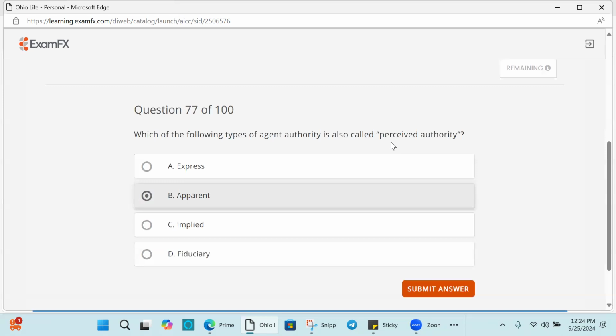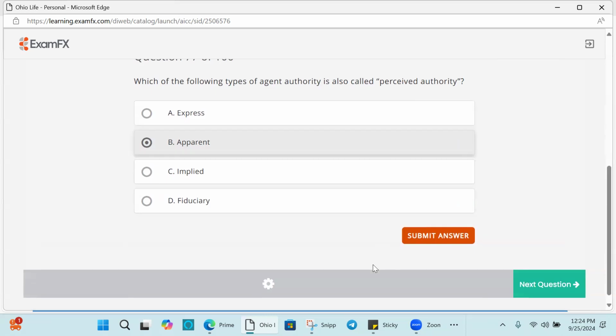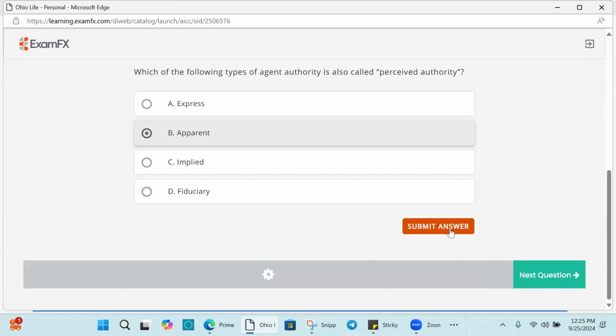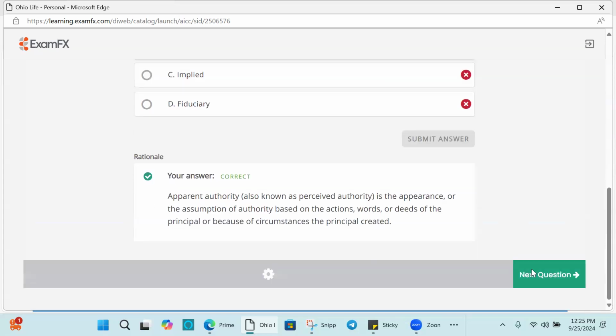Apparent authority is authority that the client thinks I have because of actions that I take. Implied is authority that I need to have to do business, but it's not written in my contract. Express authority is authority that's specifically written in my contract. Fiduciary is not one; it's just some other kind of authority.